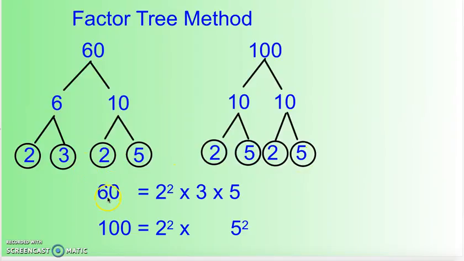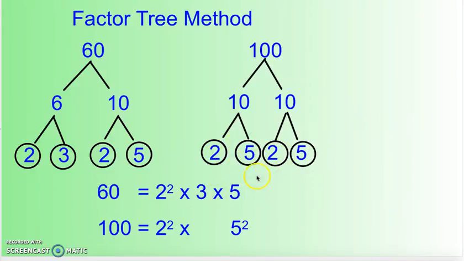Then what I did is I wrote out their prime factorization. So I looked at 60 and I asked myself, how many 2's do they have? Well, they have two 2's. That's why I put 2 to the power of 2, because they have 2 of them. There's 1 3, so I put 1 3, and there's 1 5. Now I did the same thing for 100.